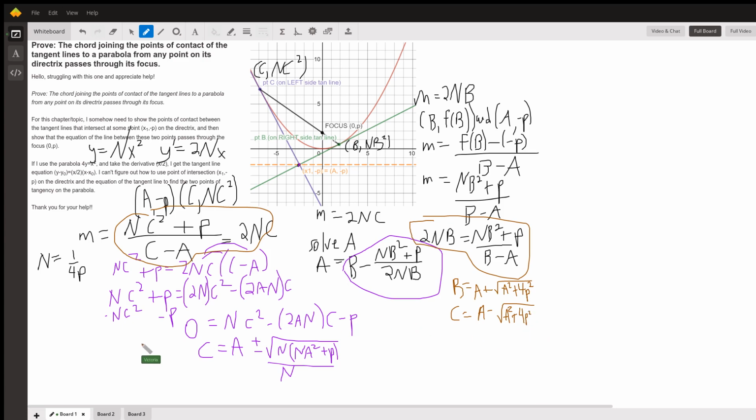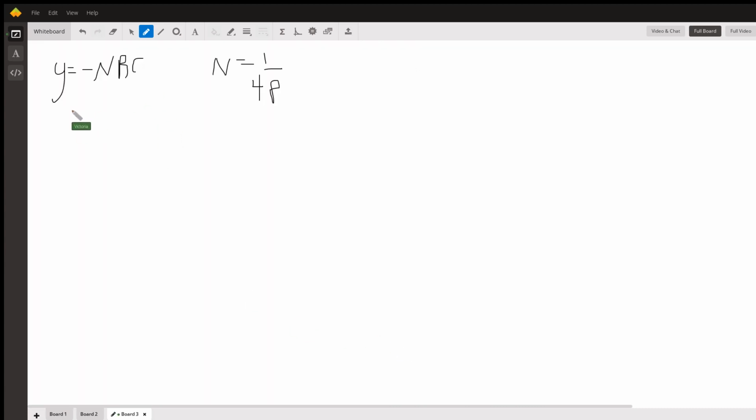So now we're going to come back over here and substitute this stuff in. So I have y equals negative 1 over 4p, and b was a plus the square root of a squared plus 4p squared, and c was a minus the square root of a squared plus 4p squared.